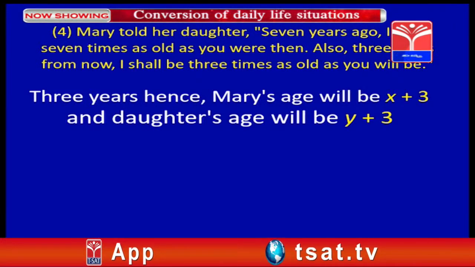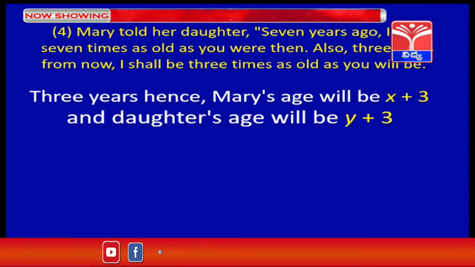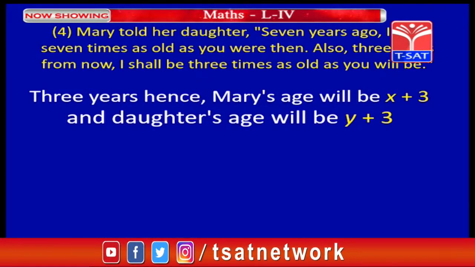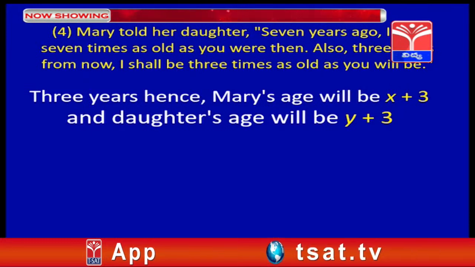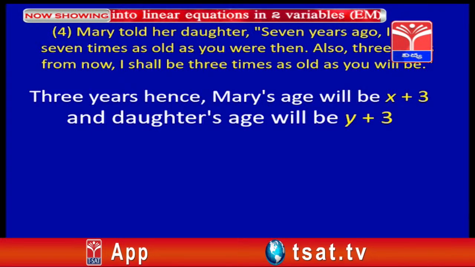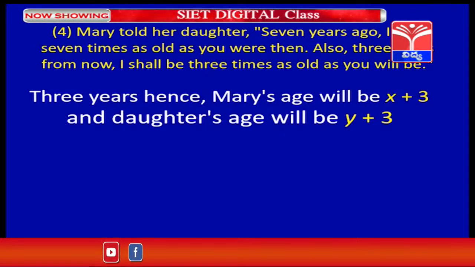What will be your age after 3 years? It means present age plus 3 years. 15 plus 3 is equal to 18. But here Mary's age and her daughter's age are the variables. So you have to add 3 to the present age.